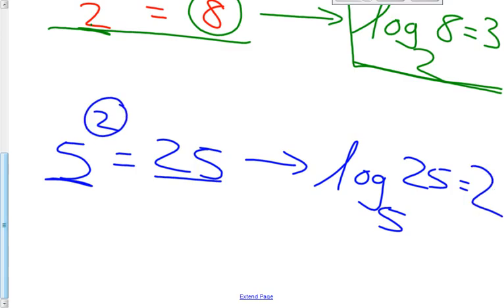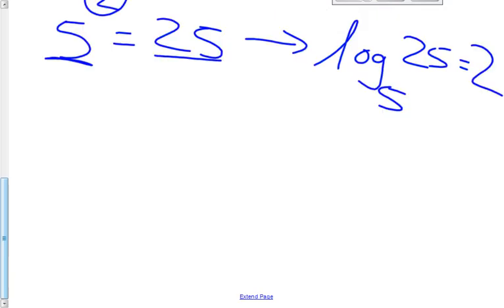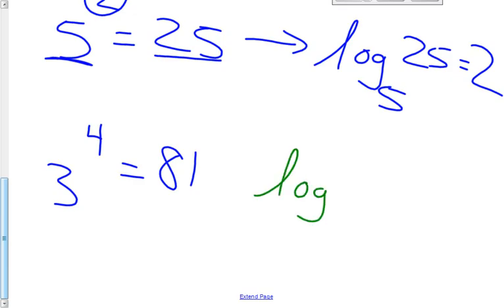Log base 5 of 25 equals 2. These say the exact same thing. Okay? Last one, we'll say 3 raised to the 4th equals 81. So the exact same thing, changing into logarithmic form, would be a log with the same base, so log base 3 of 81 equals 4.